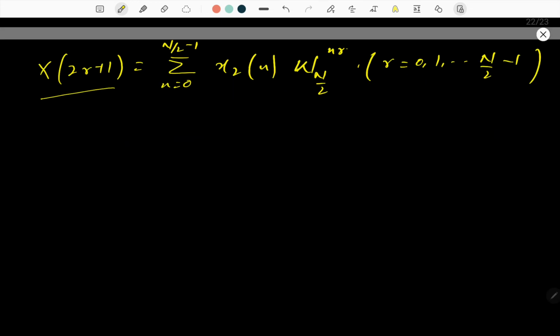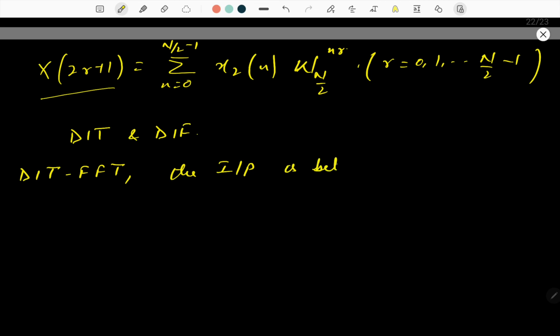If you compare decimation in time and decimation in frequency, you should note that in decimation in time fast Fourier transform, the input is bit reversed and the output is in natural order.